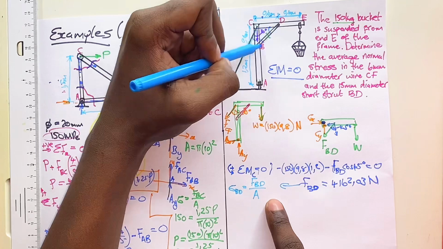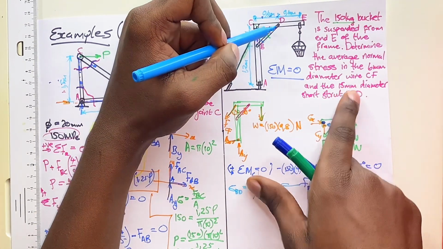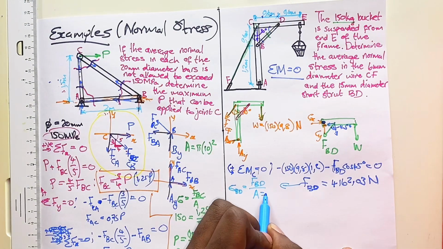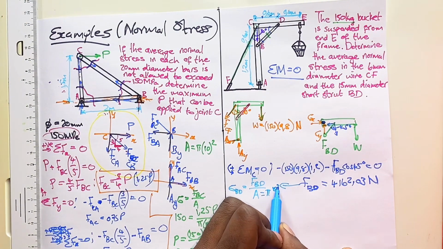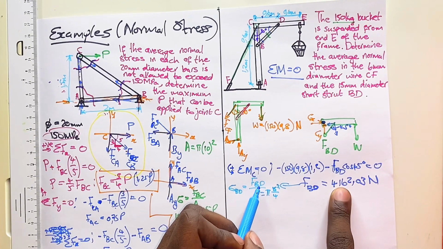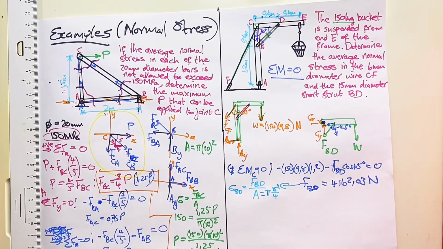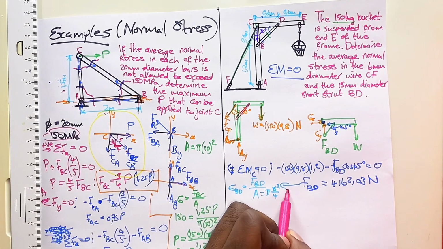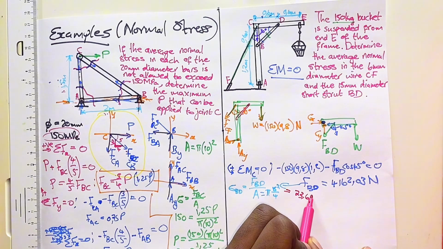Now this strut has a diameter of 15 millimeters, so our area will be pi 15 squared over 4. Now our FBD will be 6,162, and then when you calculate that, you find that the stress there is equal to 23.6 megapascals.